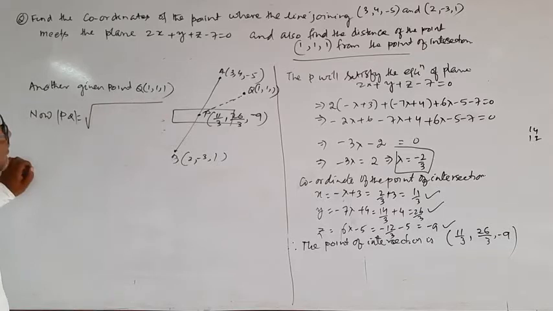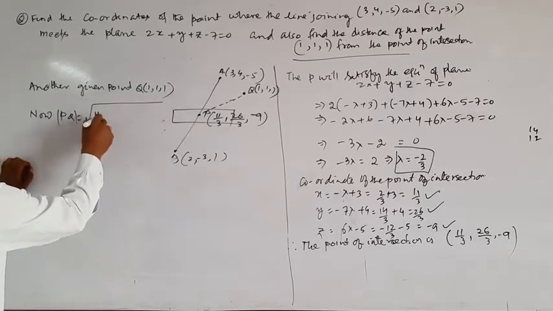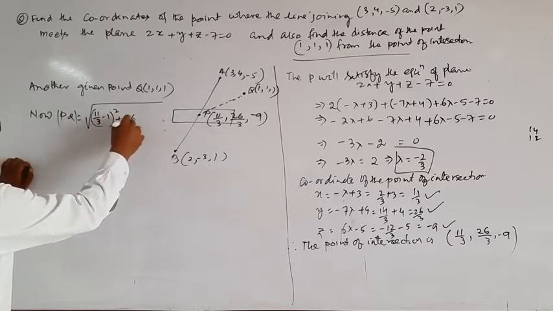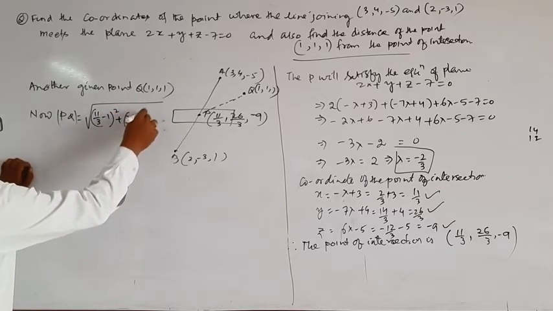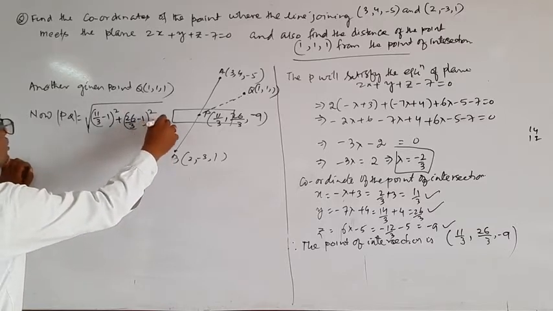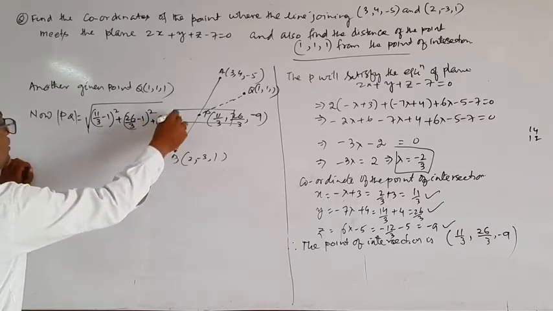Square root of 11 by 3 minus 1 whole square plus 26 by 3 minus 1 whole square plus minus 9 plus 1 whole square.